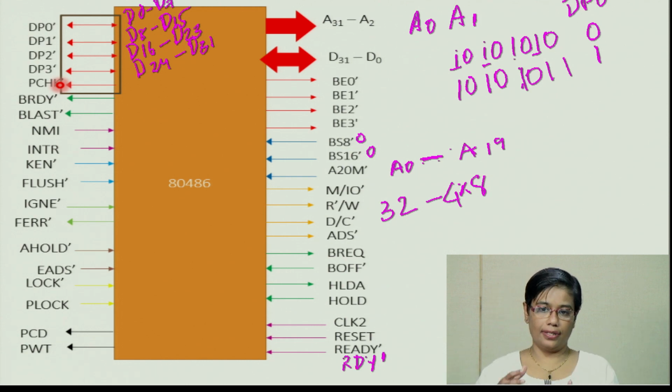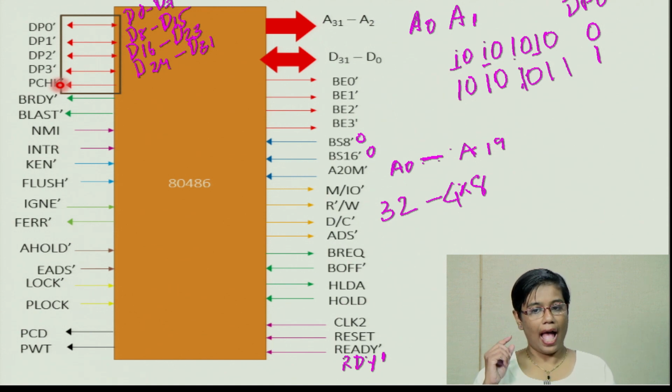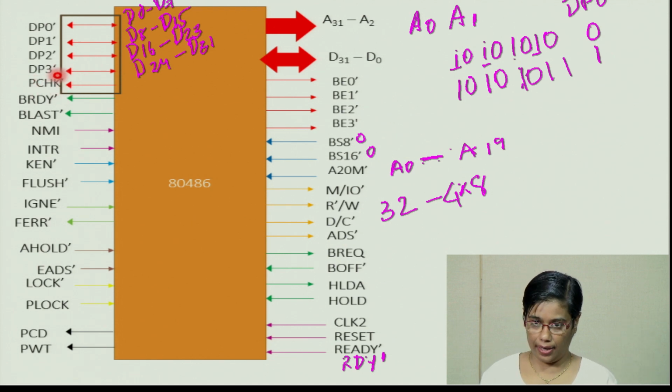If data is received, then DP0 to DP3 is also received. Now, whenever data is read, 80486 internally does a parity check. And if there is an error, a parity check error will be raised. So the PCHK bar signal will go low, indicating that there is a parity error.